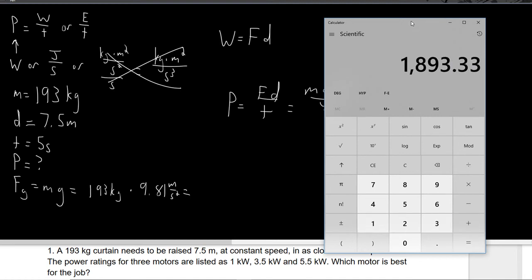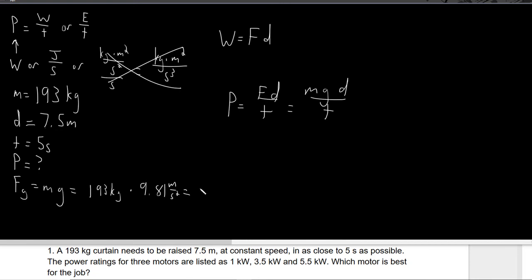1,893 is where I'm going to leave it. 1,893. That's force, so that's newtons. All right. So now I can find the work that we did to go against gravity, which is force times distance. So 1,893 newtons.